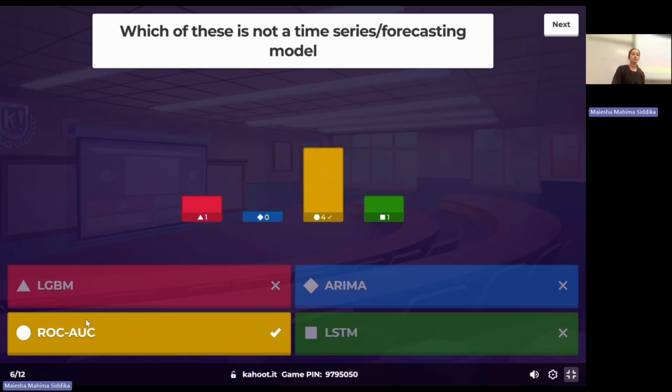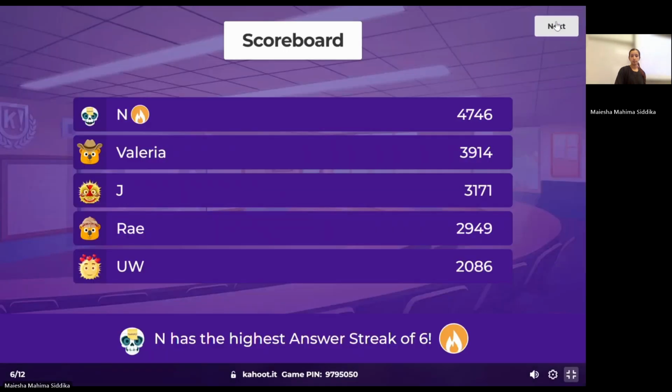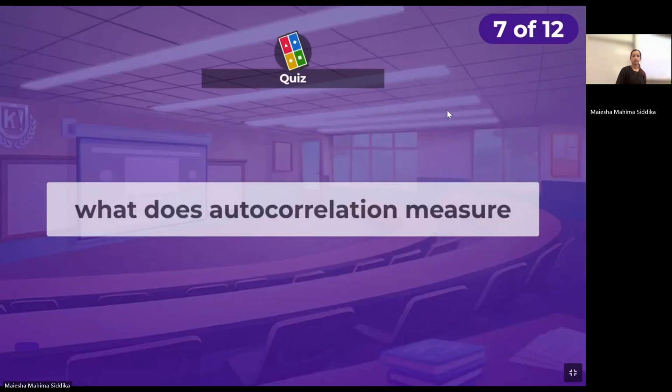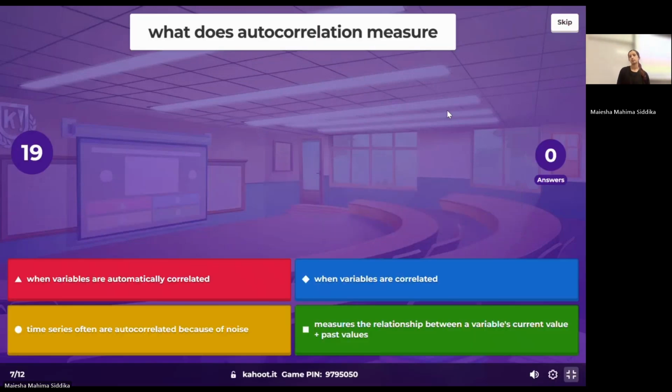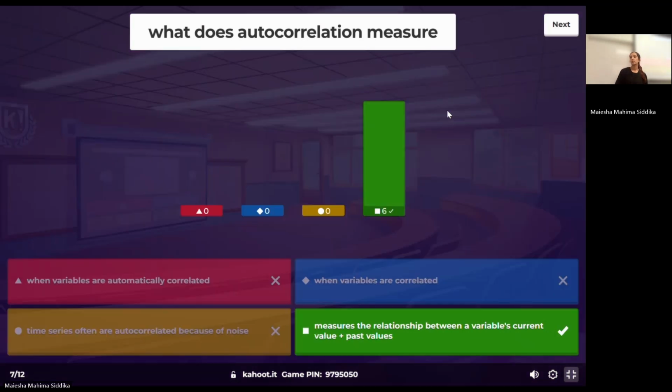Okay, next question. It's just between N and Valeria, this first place spot. Yeah, so ROC AUC is an evaluation metric for classification models. You all got that right. It measures the relationship between a variable's current value and past values.